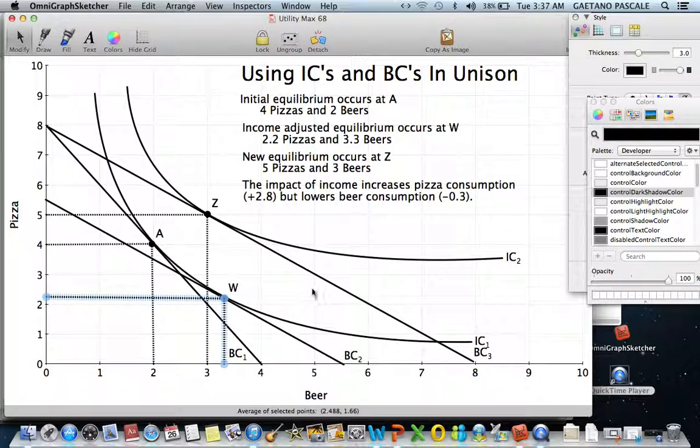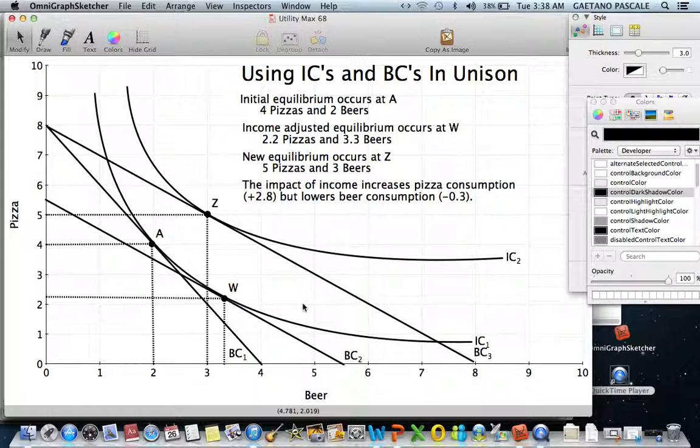Because as income goes up, when I go from W to Z as my new equilibrium, the utility maximizing output level, we actually see beer consumption falling. It was at 3.3 and then it falls to 3 because of the increase in income. If you're a good that when income goes up and your consumption goes down, it is an inferior good.